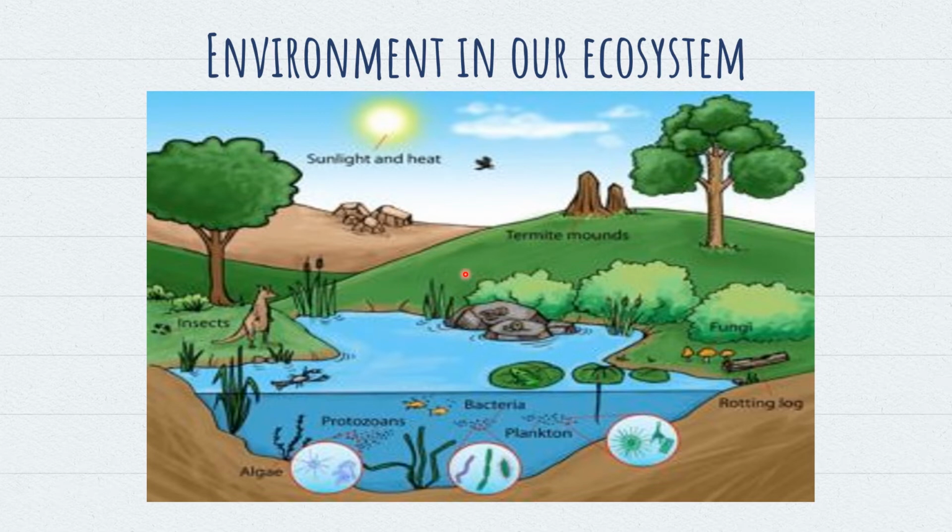And in our environment, we are doing nothing but cutting more and more trees. Like here you can see the land is all brown. Why? Because there is no tree, there is no greenery here, because the trees have been cut.